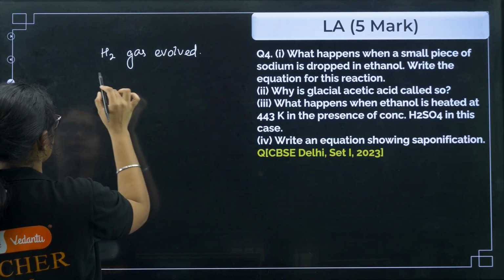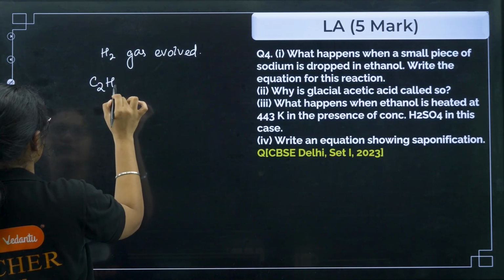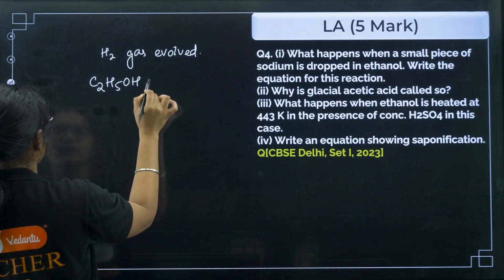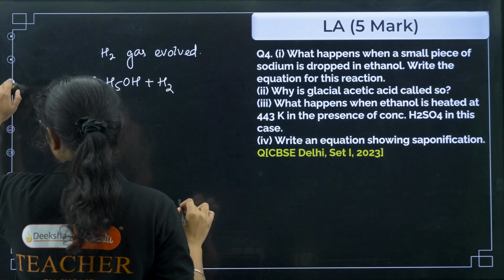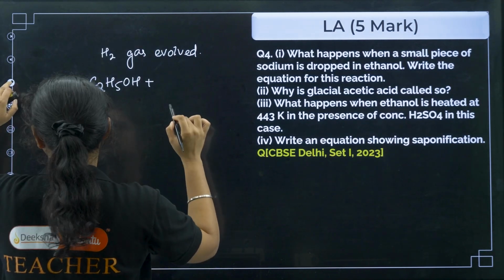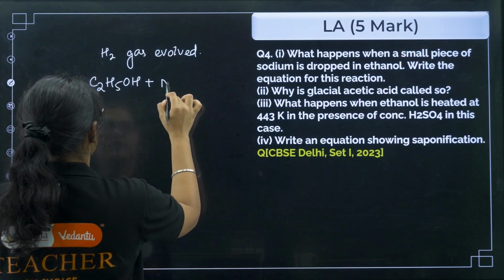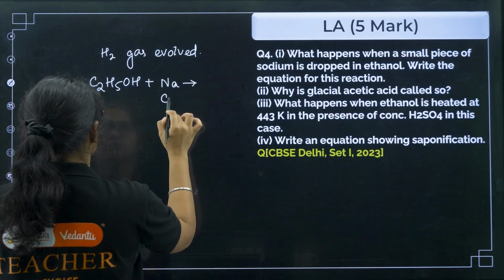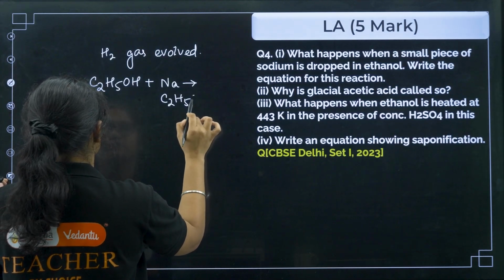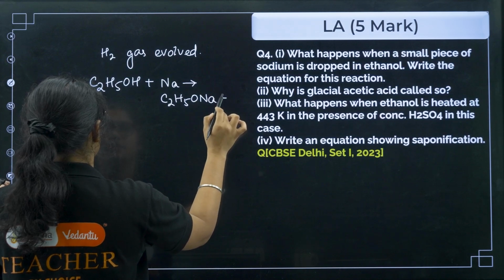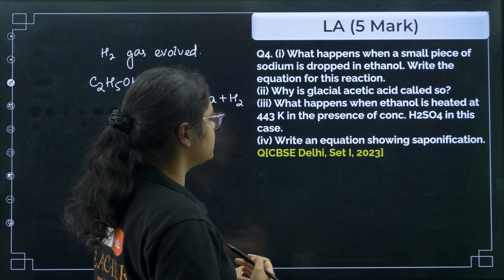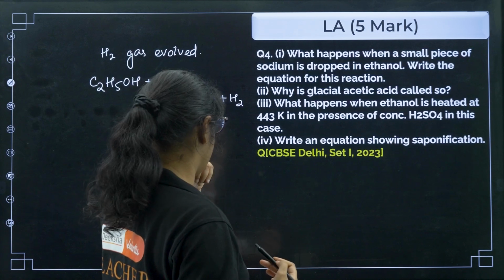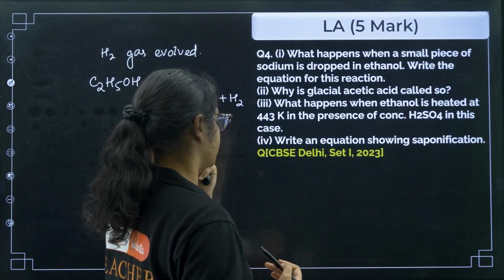Now if you want to write the reaction, it is C2H5OH plus Na will give you C2H5ONa plus H2.